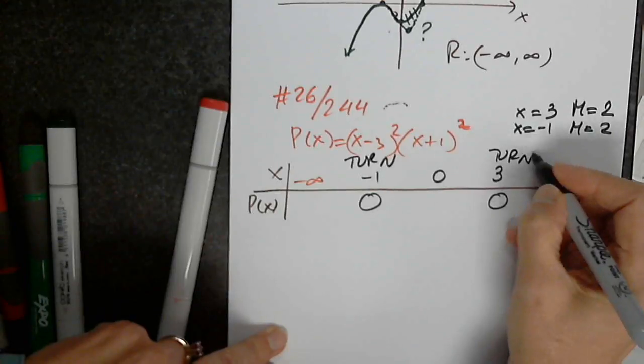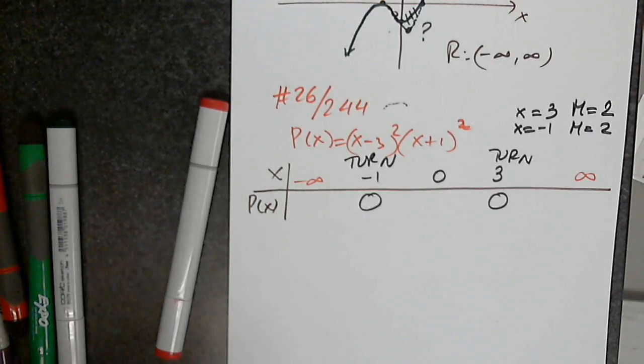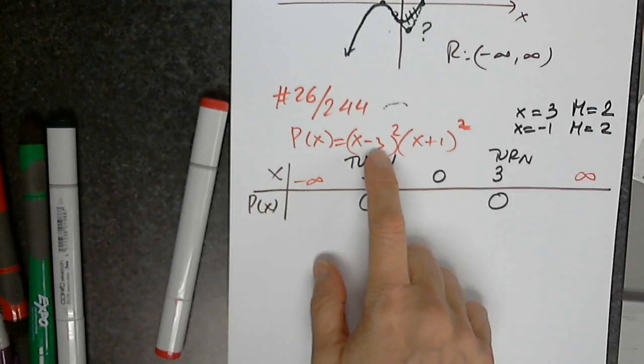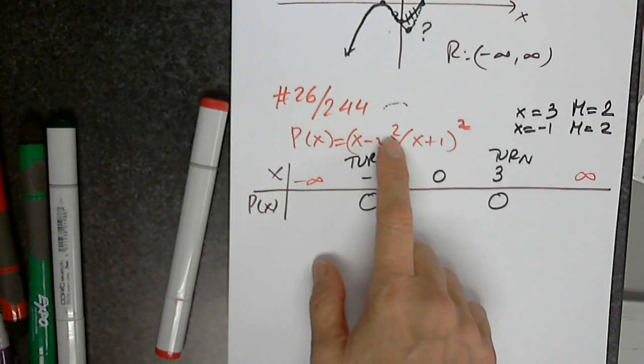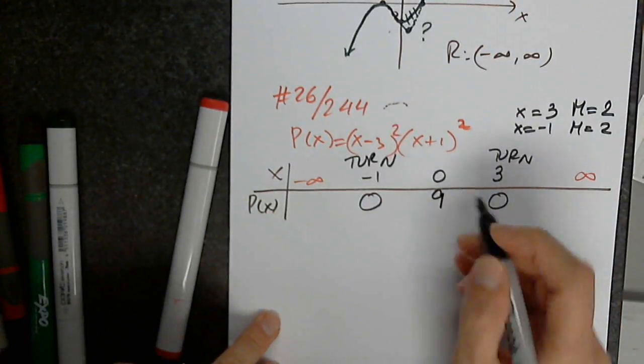So turn, good. So let's plug in 0 and see what we get. Zero minus 3, negative 3 squared, 9, times 1, 9.